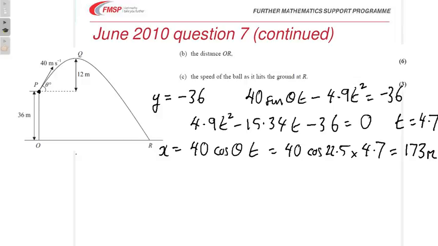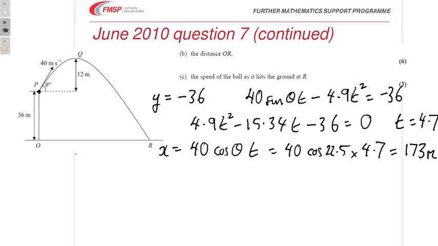And for the last part, for the speed, there's two alternatives here. There's one slightly shorter way. You could find the velocity vector by working out 40 cos theta t and 40 sine, the two components of velocity.